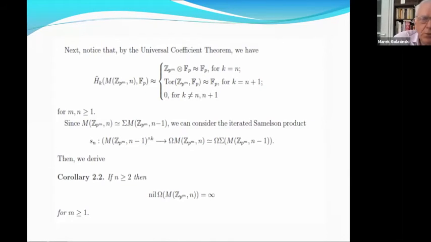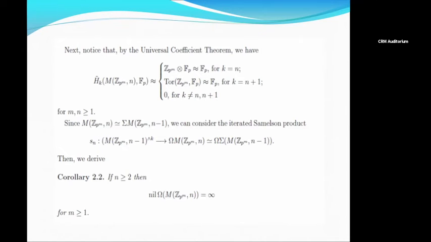So we have a Moore space of type Z/p^m, n, where p is some prime number. If you consider the reduced homology of these Moore spaces with coefficients in the simple field Fp, then for k equal n, that homology is isomorphic to Fp. If k is equal to n plus 1, then it's isomorphic to Tor of Z/p^m and Fp, which is isomorphic to Fp, and it is 0 otherwise.